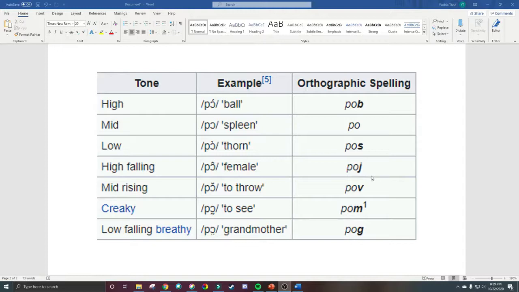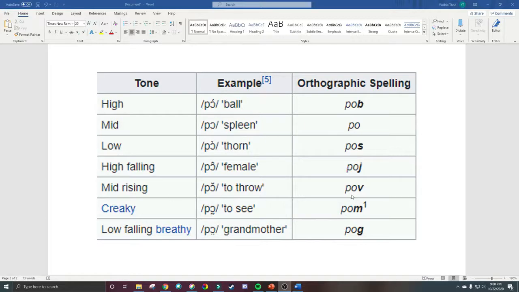And then this is the next word. It is a high falling. So listen to my tone at the end, how it's a high falling pronunciation. This is ball. See how it goes high and low? So that's ball. Means female.